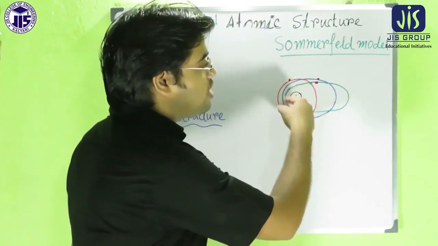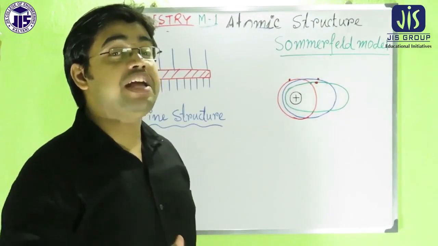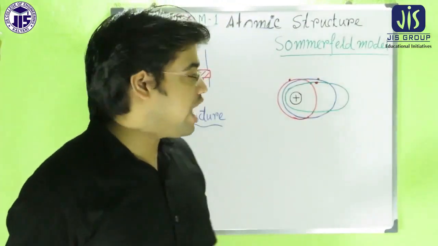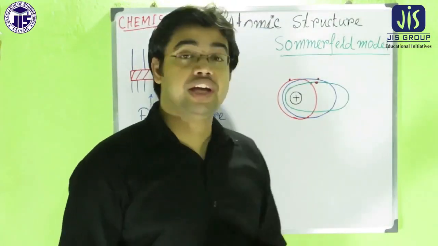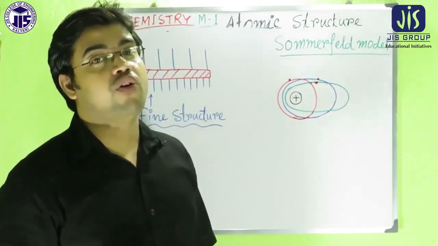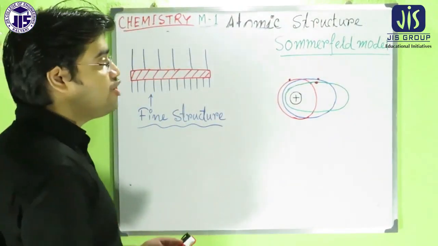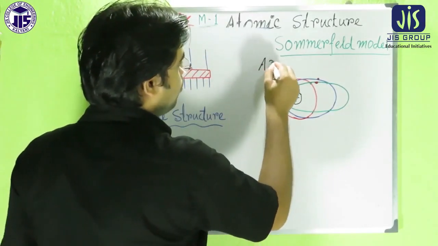So this all looks like an ellipse. The elliptical pathway is actually the main pathway of the electron, but the circular pathway, which Bohr described, was the special case for any atom. So Sommerfeld introduced a new quantum number called the azimuthal quantum number.